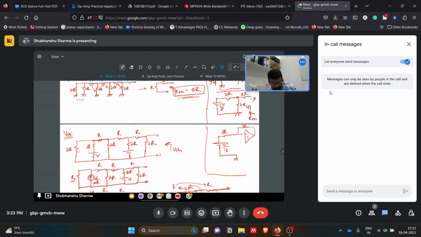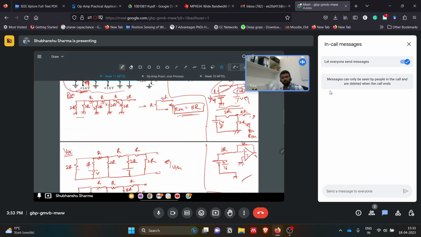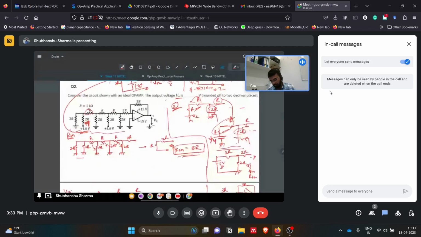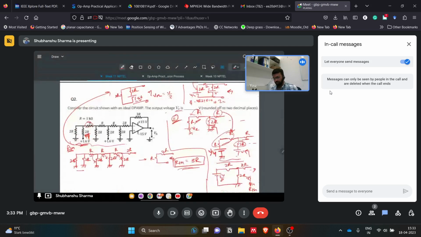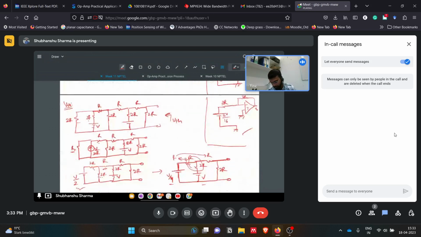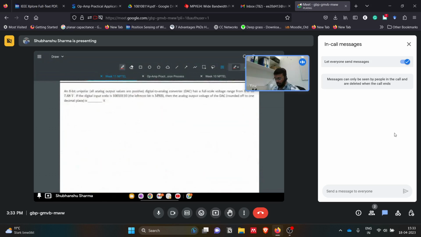Yeah, this is V naught, grounded. So you can solve that in this way also. Basically, either use Thevenin from this side, or Thevenin at each step, and you can calculate the final answer based on both approaches. So, next question.